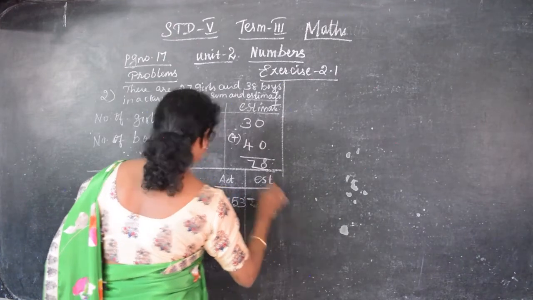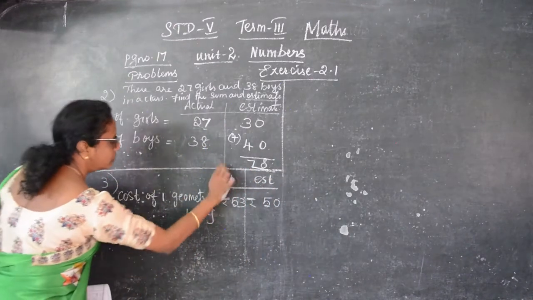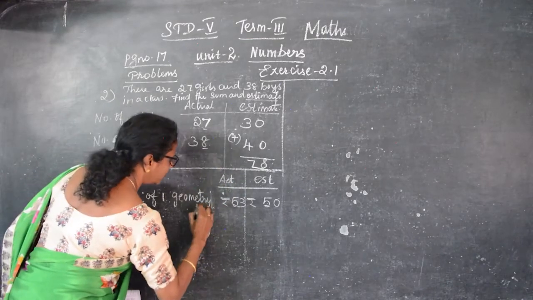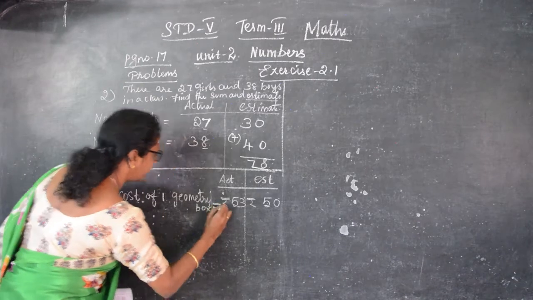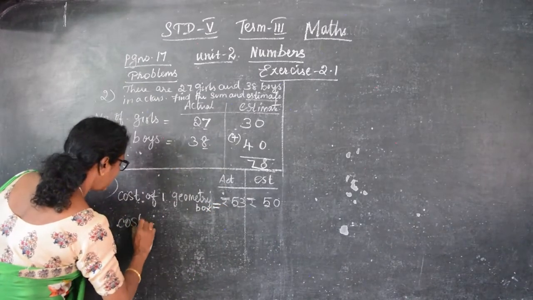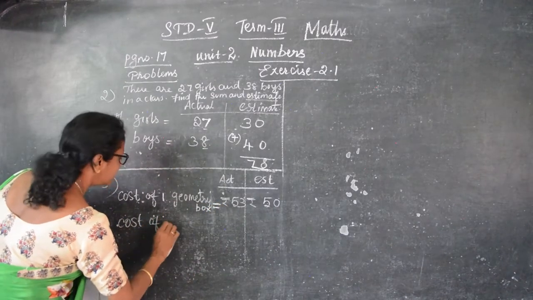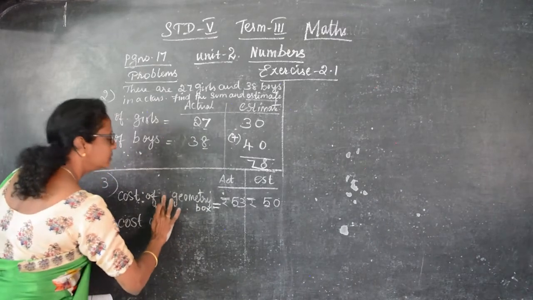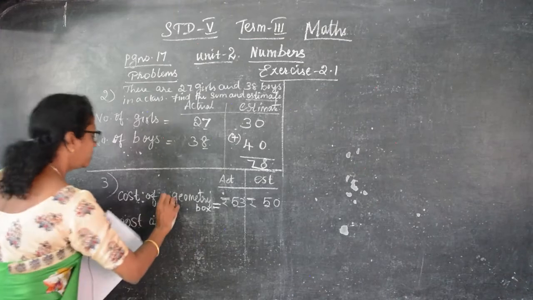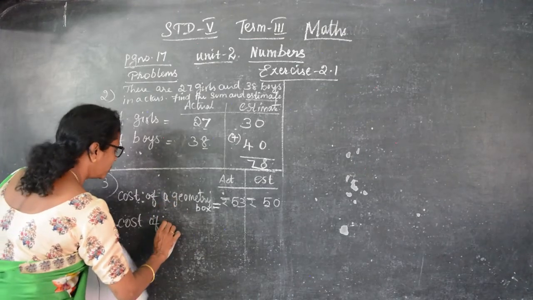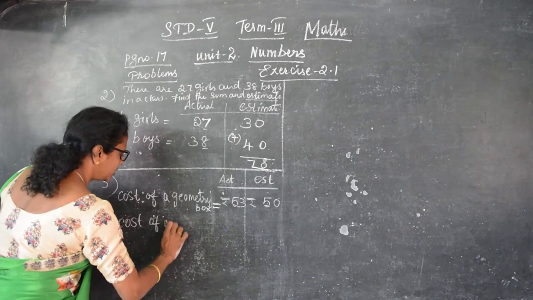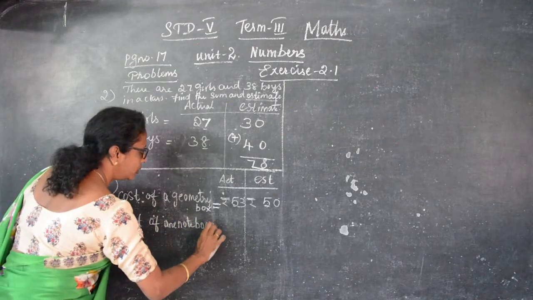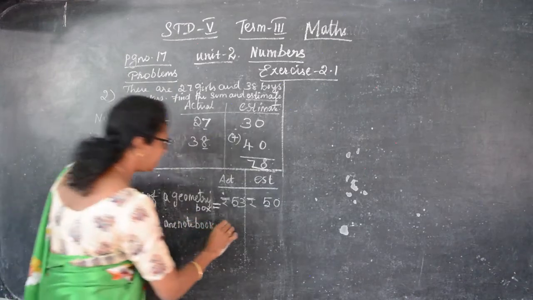It is below 5, isn't it? So you put 50. Geometry box is equal to that. Then the cost of a notebook: one notebook is equal to rupees 36.